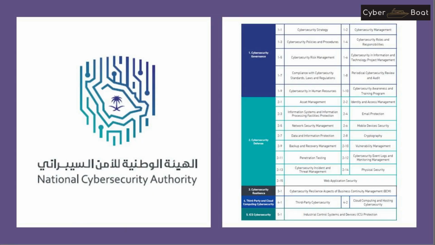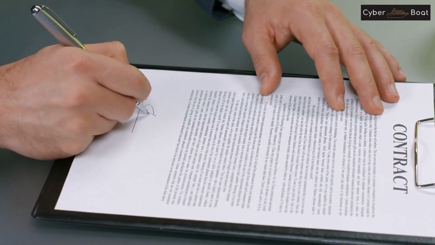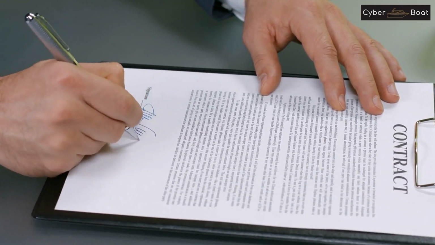When it comes to conducting a cybersecurity risk assessment for third-party contracts and agreements in Saudi Arabia, it's important to understand the specific regulatory requirements set by the National Cybersecurity Authority, NCA, and any other relevant authorities. One key requirement is that a risk assessment must be conducted before signing contracts or agreements, or whenever there are changes in related regulatory requirements.